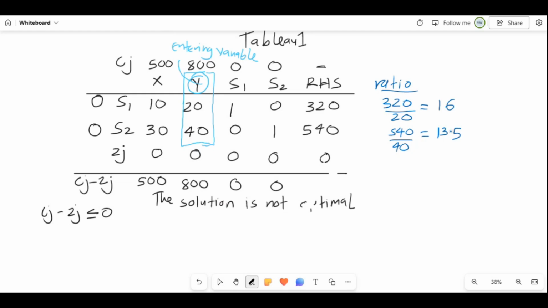So after computing the ratios, then we pick the least value of all our ratios. So in this case, the least is 13.5. So if the least is 13.5, then it means that this will be the pivot row.